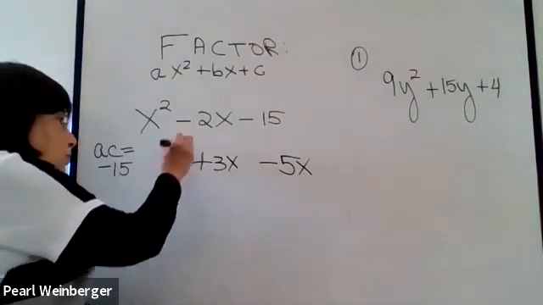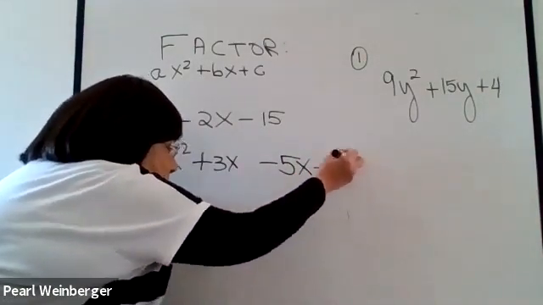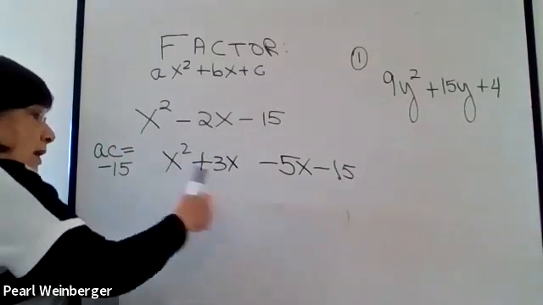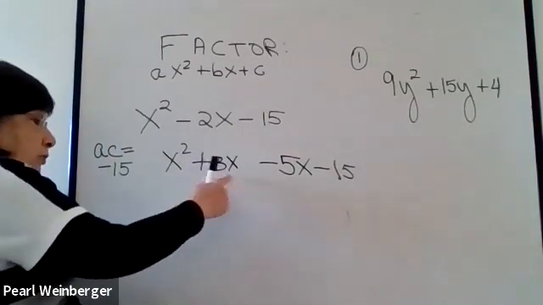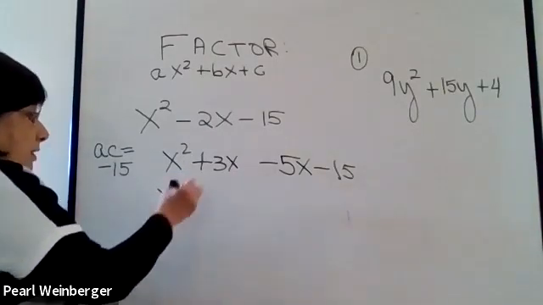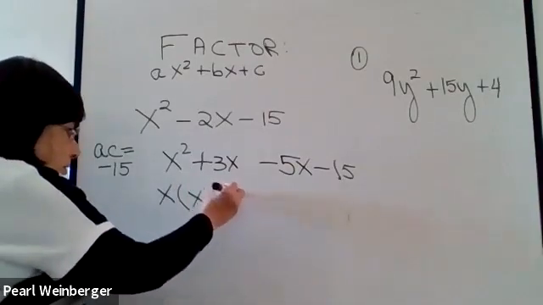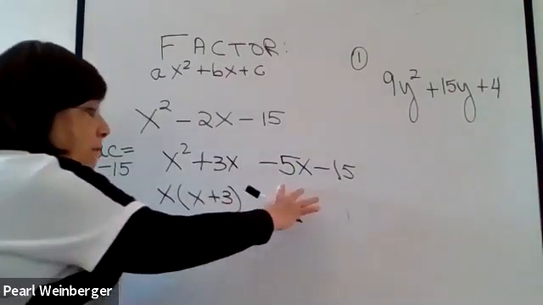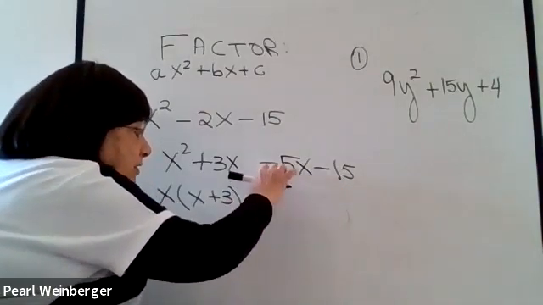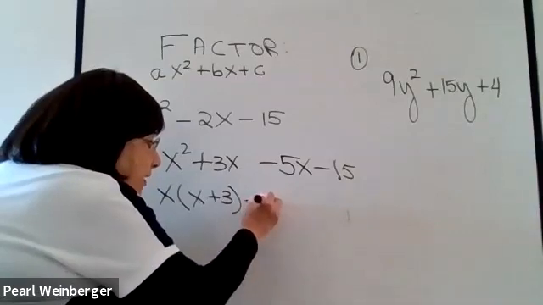I bring down the x squared, I bring down the -15 like I did before, and again, I do my grouping. In my first group, x squared and 3x, we have a common factor of x. That gives me x times x plus 3. In my second group, I have a common factor of 5, but since it starts with a negative, I have to include the negative.